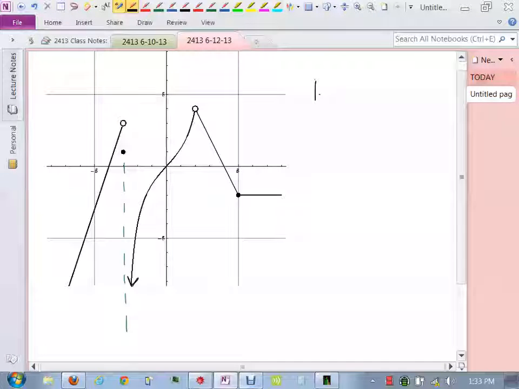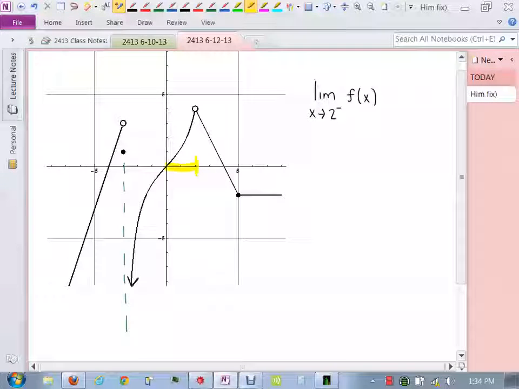Limit as x approaches 2 from the left of f of x. So the difference in this problem now is that instead of looking at negative 3, we're looking at an x value of what? Positive 2. So I march to the right 2 spots. There's 2 right there.